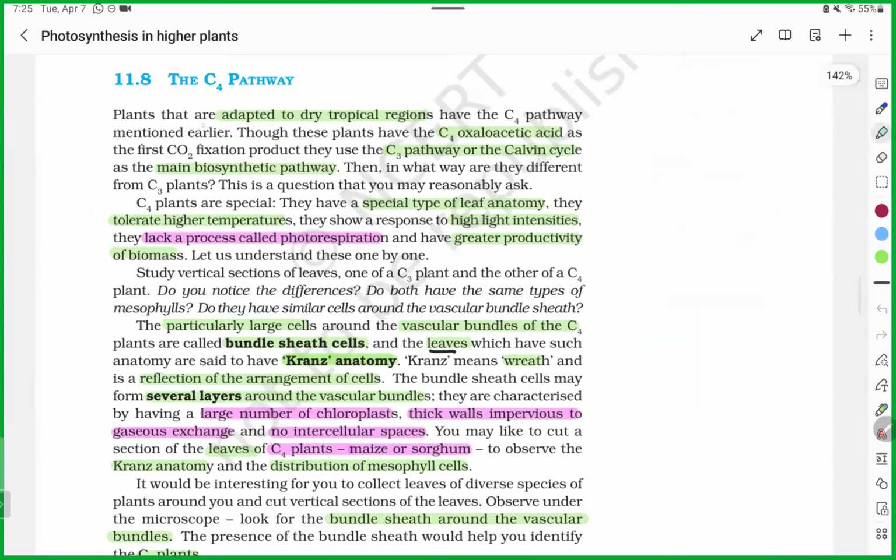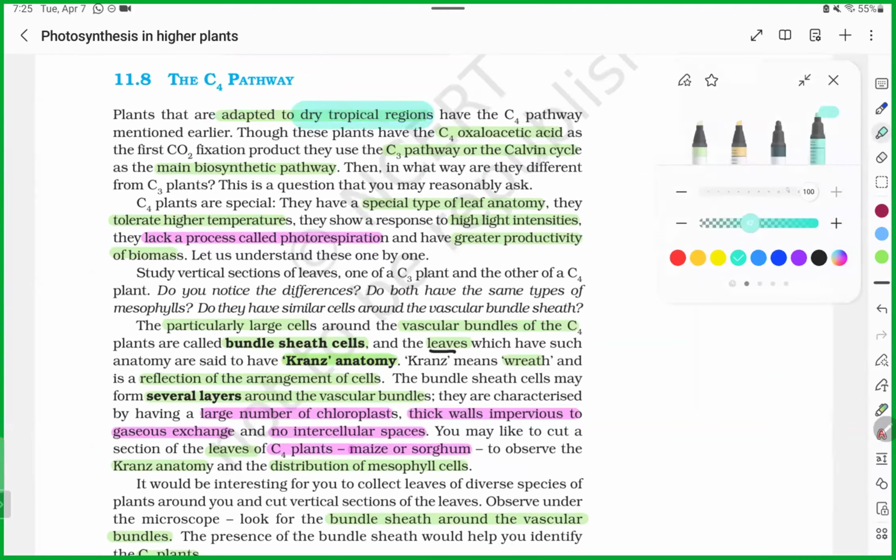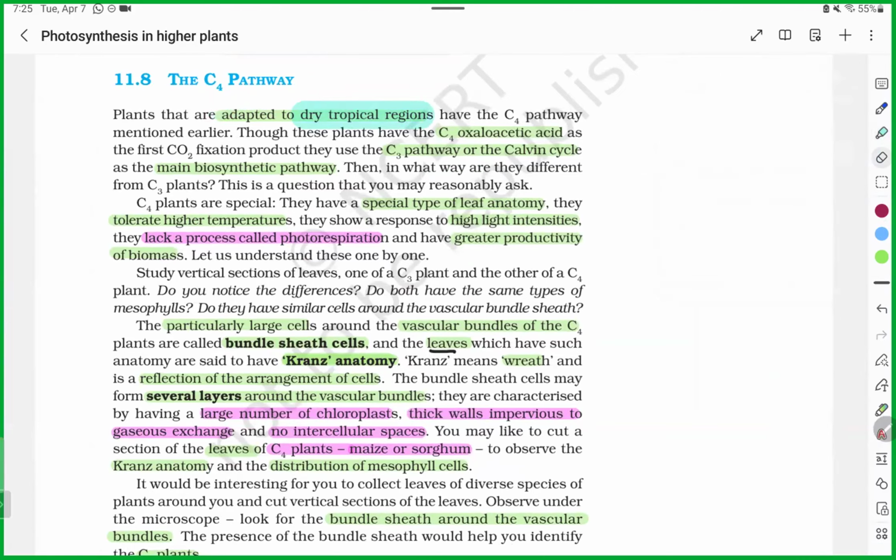C4 pathway. Plants that are adapted to dry tropical regions. Dry tropical region means where we have more light intensity, dry area, correct? Water shortage.